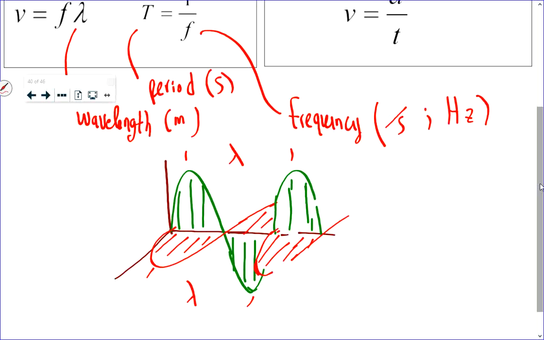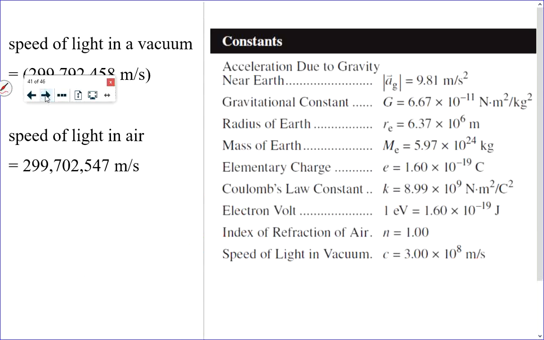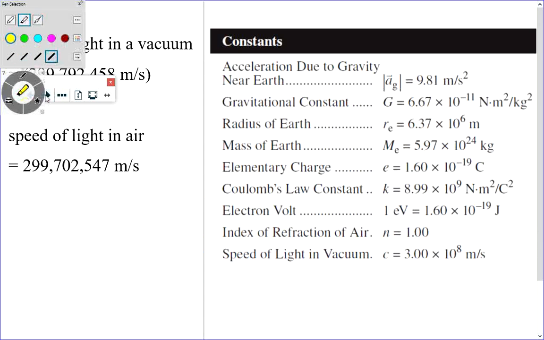The other thing, before we get to a couple of examples, is if you look at the top of your screen here, the speed of light is the speed of all forms of EMR. When you look on your formula sheet and you locate the speed of light, which is here, first of all it says that's the speed of light in a vacuum.